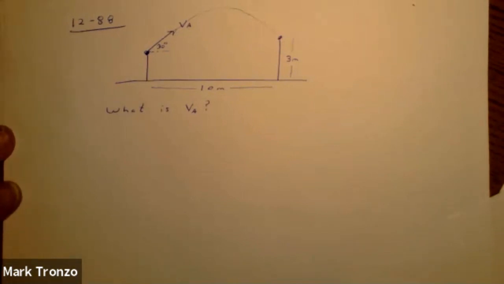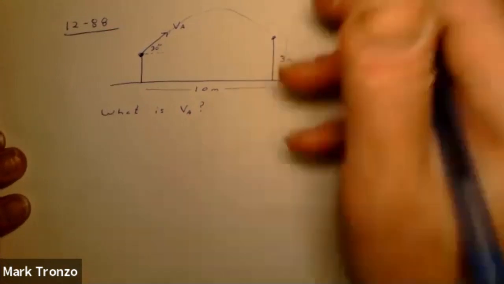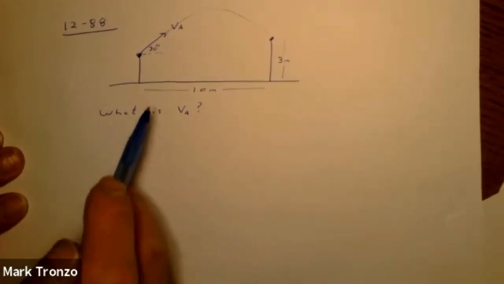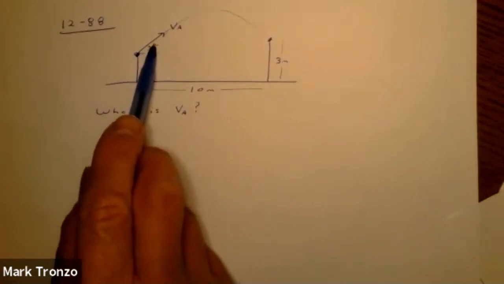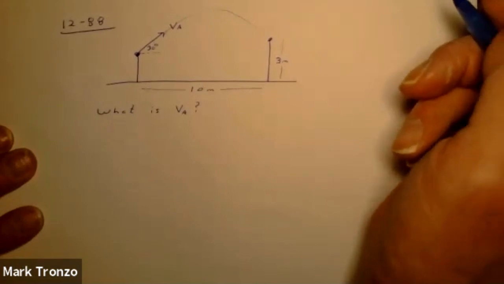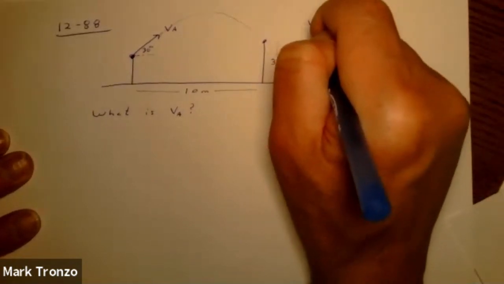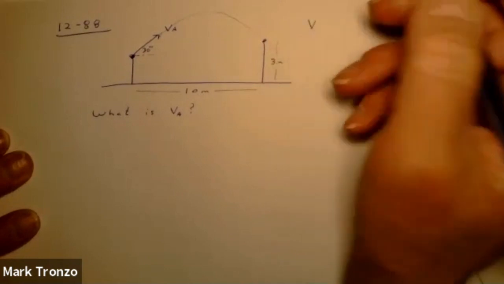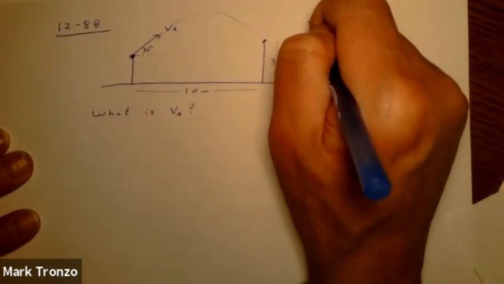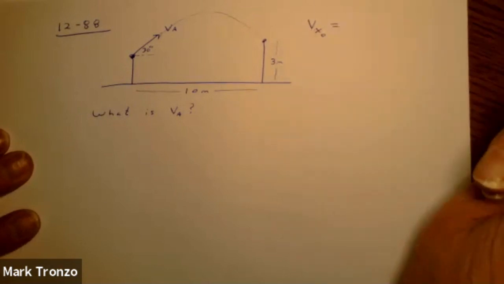And so, again, sometimes if you don't know what to do, you just start writing some equations down. And just like we did before, you'll probably want to put this velocity in terms of x and y again. So to find our initial velocity in the x direction, I don't know if you call it VXO or VOX, whatever you like is fine.